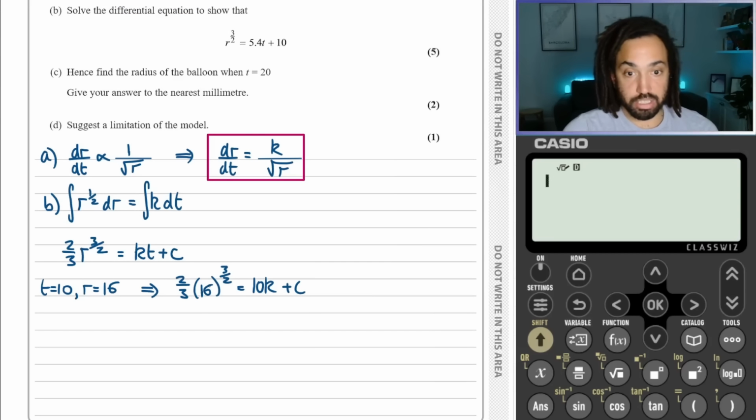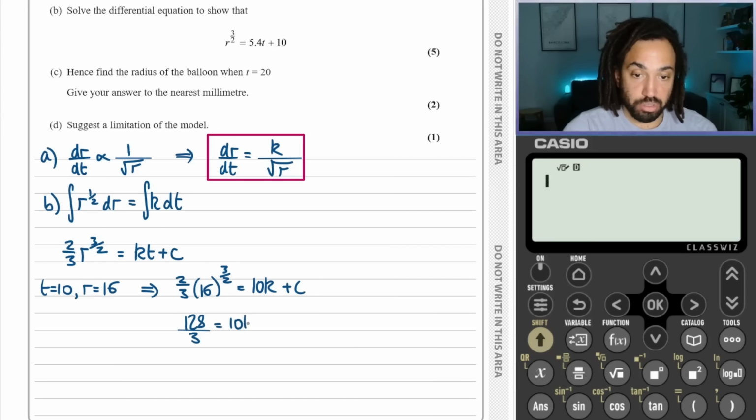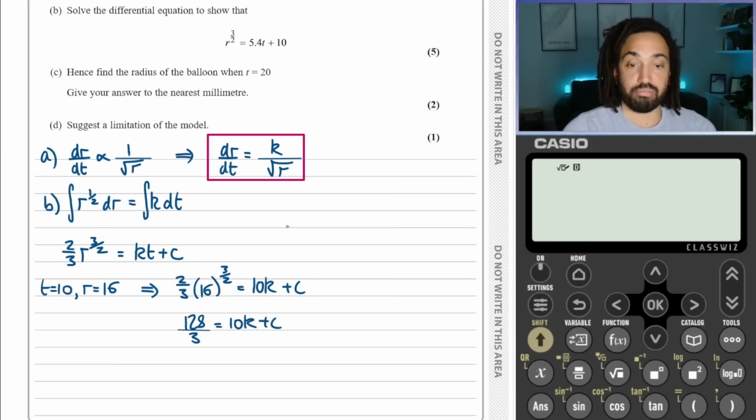Well, 16 rooted is 4, and then cubed is 64, times 2 is 128. So 128/3 is equal to 10k plus c.